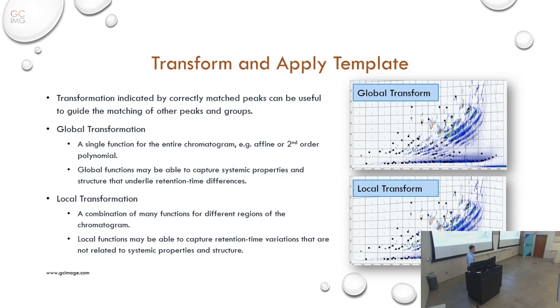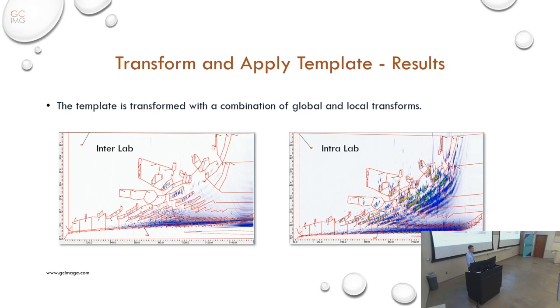We could also consider a local transform, which would be a combination of many functions that is locally weighted to each of the matches in a local region. We ended up using a combination of global and local transforms. And so we transformed the template regions and applied the regions to the chromatograms.